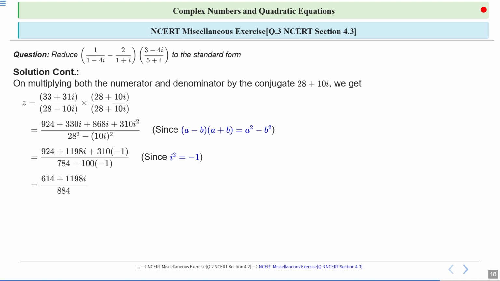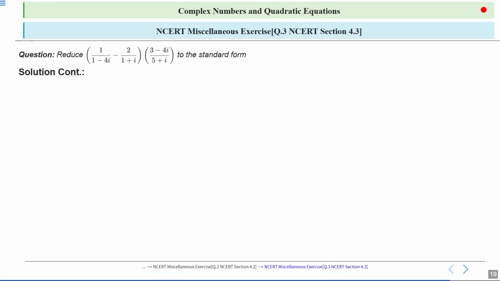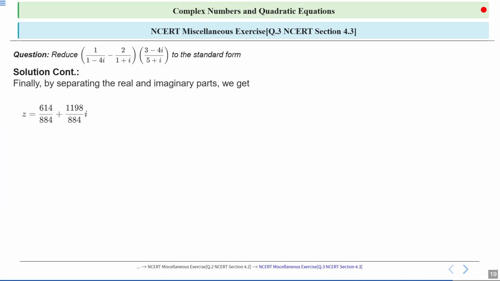After simplifying, we get 614 plus 1198 times iota divided by 884. Finally, by separating the real and imaginary parts, we get z equals 614 divided by 884 plus 1198 divided by 884 times iota.